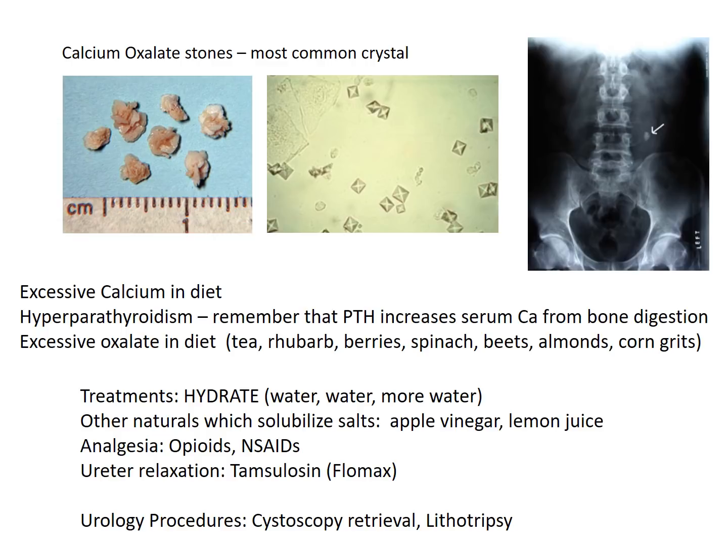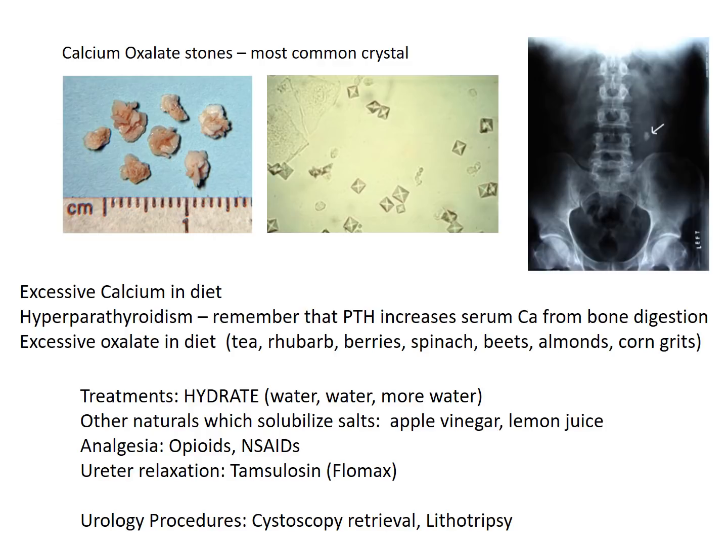So people that have hyperparathyroidism are at high risk of kidney stones. If you've seen individuals who have had multiple calcium stones, they definitely should have parathyroid levels looked at to rule out an underlying hyperparathyroidism.